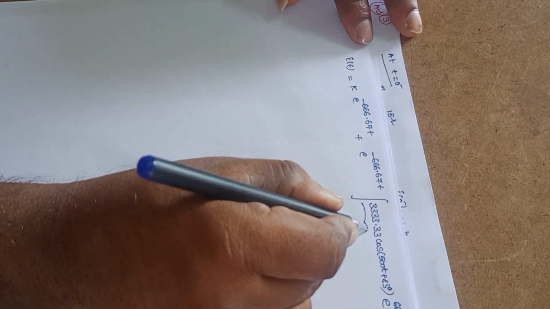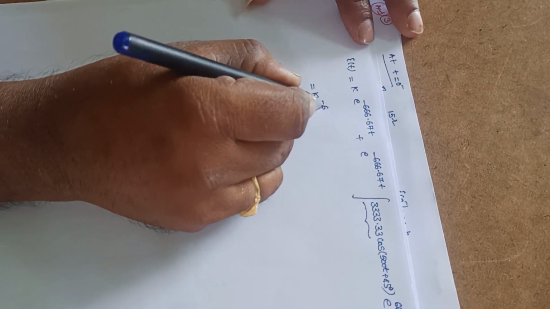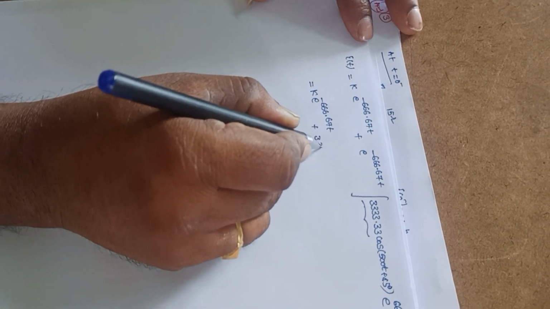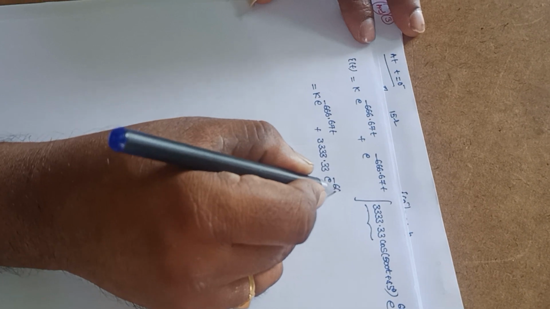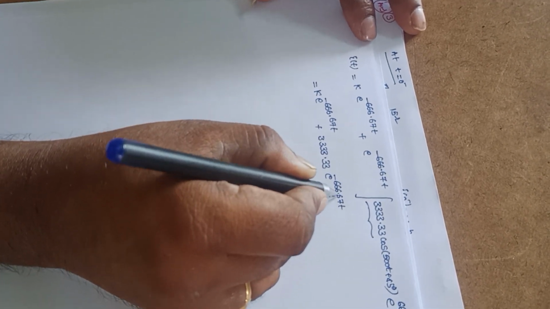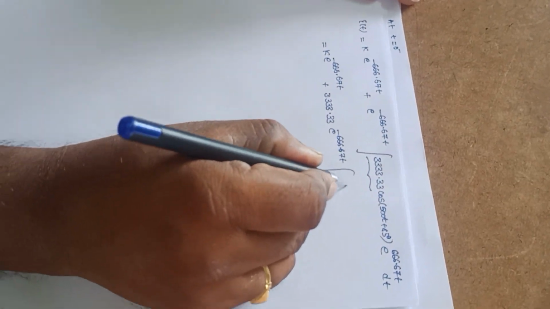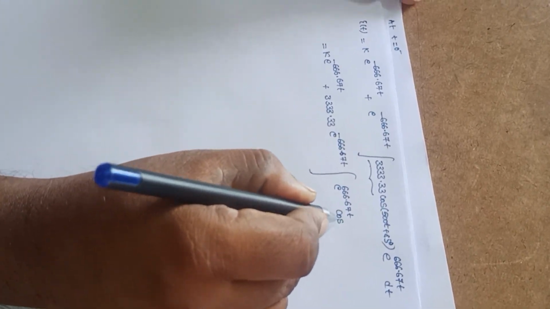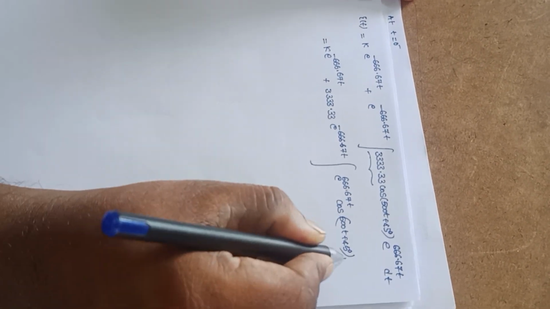Okay, you take 3333.33 common here: k into e power minus 666.67 t plus 3333.33 into e power minus 666.67 t into integral e power 666.67 t into cos of 500t plus 45 degrees dt.